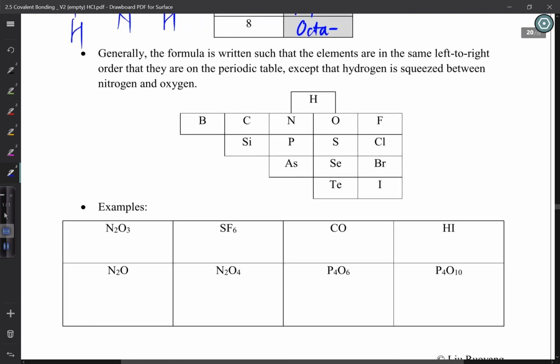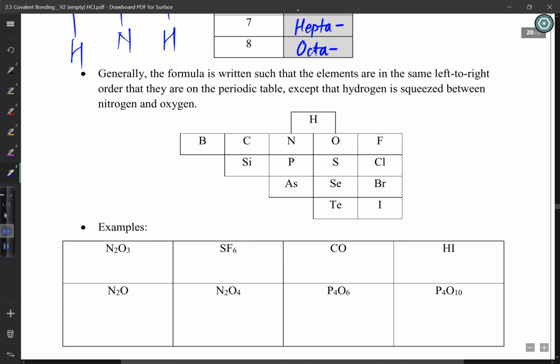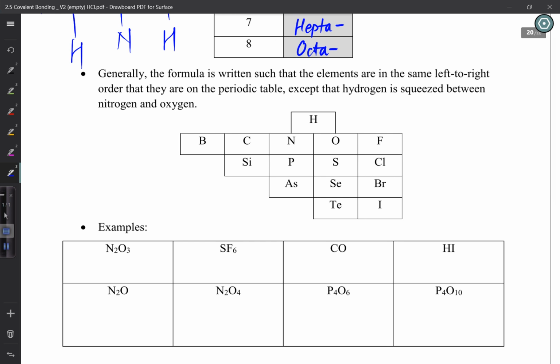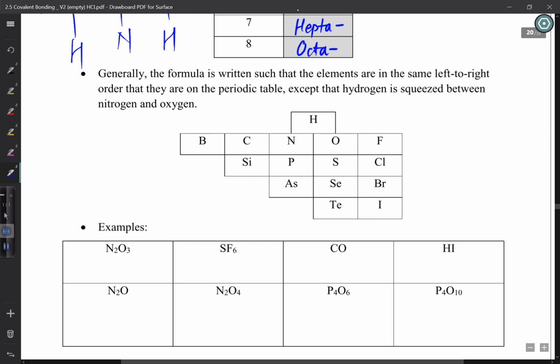Alright. So that's why for N2O3 you write it as N2O3, not O3N2, right? Etc. And SF6, basically same thing. If you look at SF6, S comes before fluorine. So therefore it's SF6 and not F6S, etc. That's why it's H2O, not OH2, for the same reason.